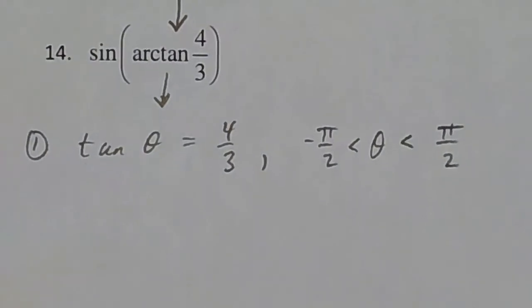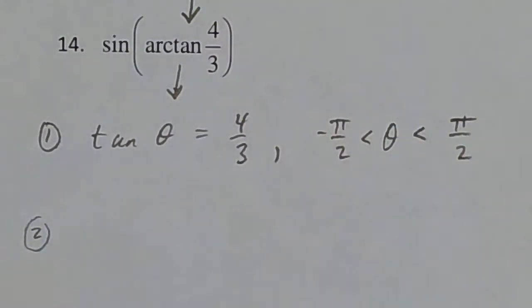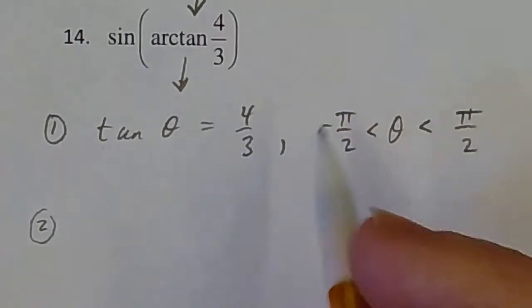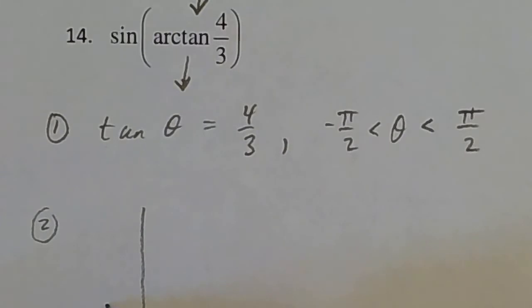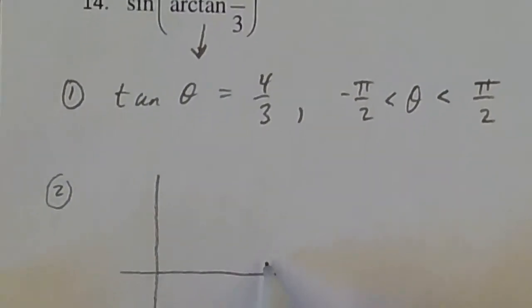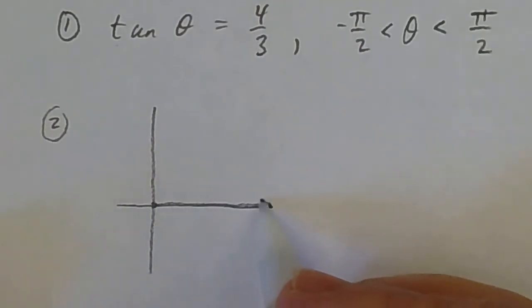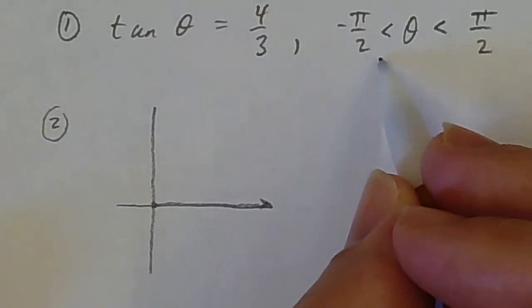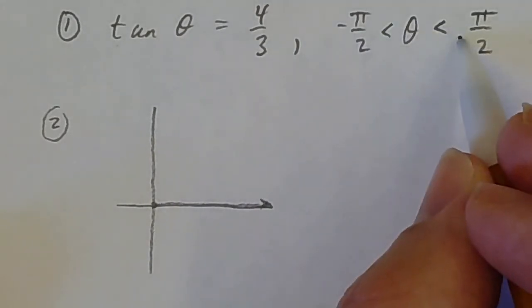So steps 2 and 3 we'll do together. Step 2, which quadrant is this going to be in? Remember, we're restricted to only 2 quadrants for tangent. If it's starting at the positive x-axis, it could rotate down to negative pi over 2, not equal to, but just before it, and up to positive pi over 2.